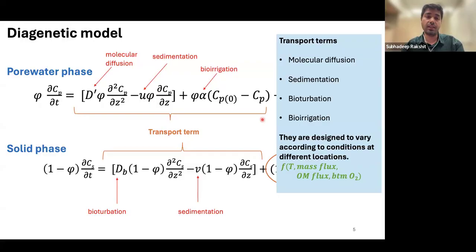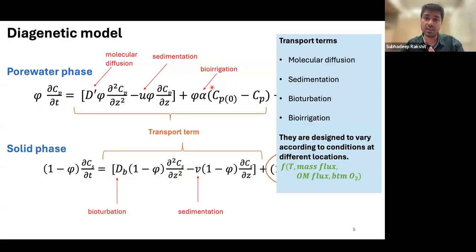Most of these parameters are set as a function of different boundary conditions. For example, bioturbation and bioirrigation are performed by macrofauna. So if you have high oxygen concentration at the sea floor and a lot of food source from organic matter flux, their activity would be high.